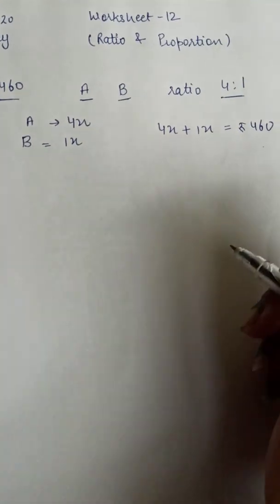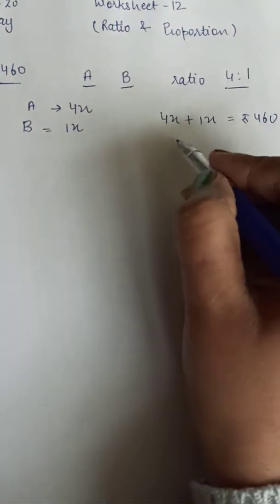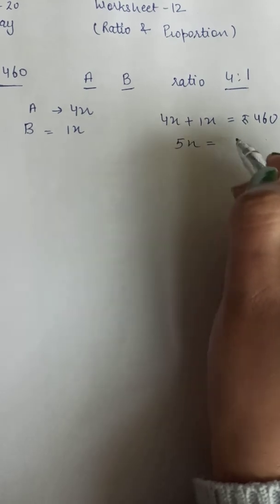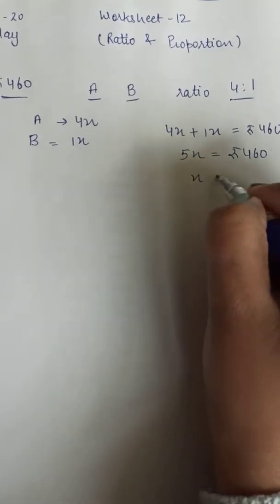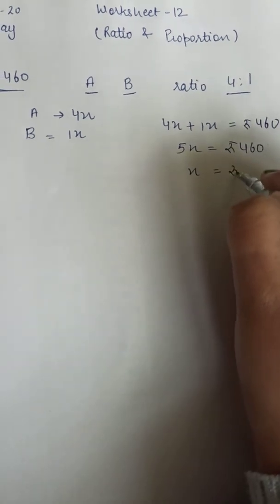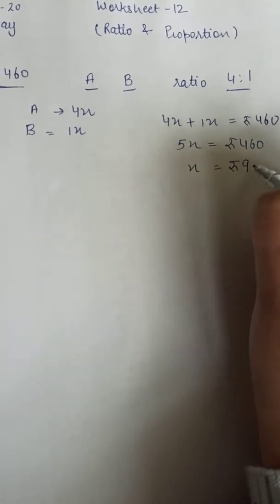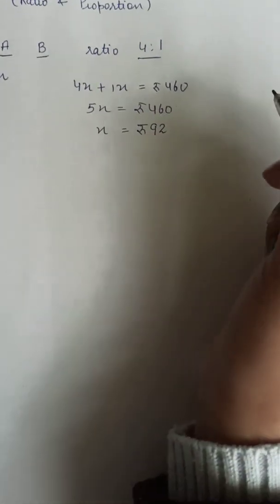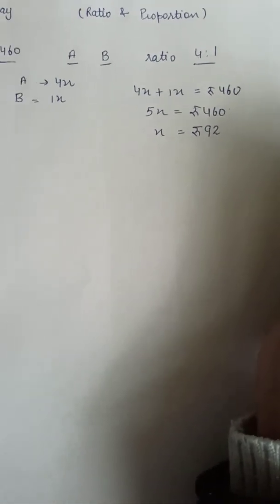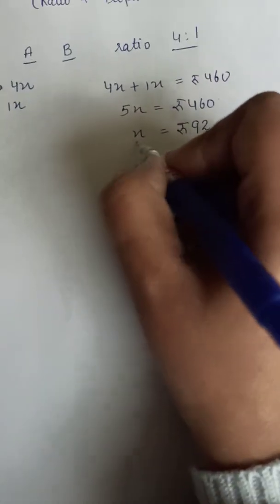So from here we find the value of x. 5x equals to rupees 460, and here you get the value of x, that is 92 rupees. 5 9s are 45, 5 2s are 10. This is the value of x.